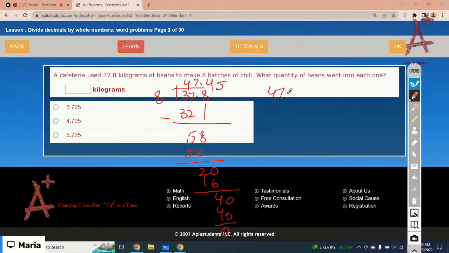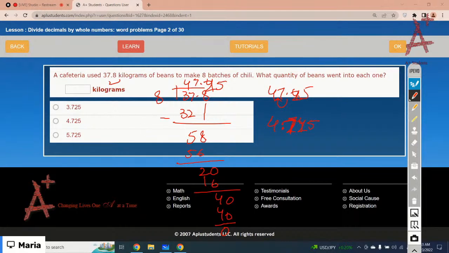So it is 47.25. You already have one decimal place in the dividend, so move the decimal point one place left. It would be 4.725.